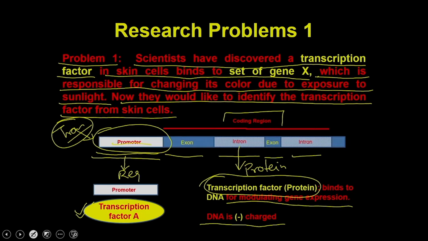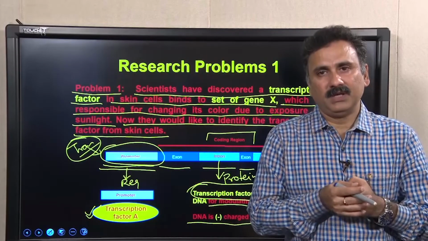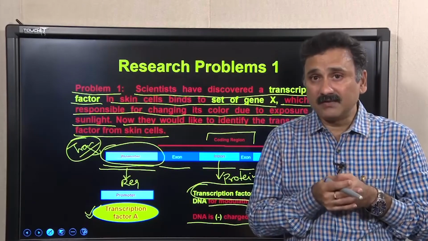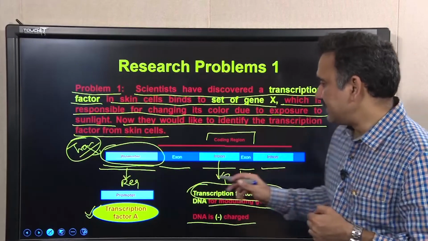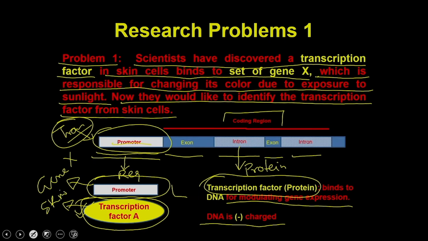Because of that, the transcription factor and the promoter bind through electrostatic interactions, and so you can purify or exploit this phenomenon. This means you need a promoter of this particular gene, and you need a source from where you are going to get the transcription factors. In this case the promoter belongs to the gene X, and the transcription factors you are going to get from the skin cells.